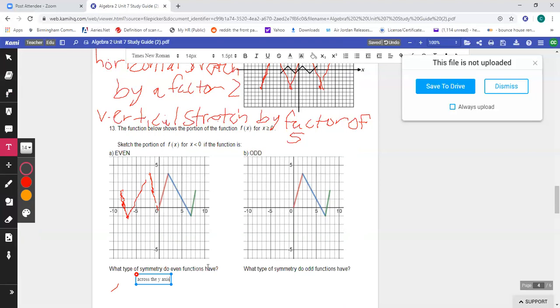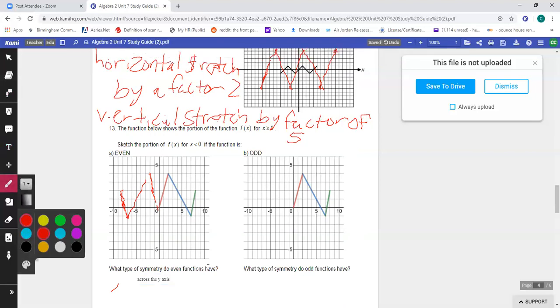And then here, remember, odd functions now have opposite x values. So at -2 is going to have the opposite y value. So -2, -4. Then at 7, -1 is now going to be at -7, +1.